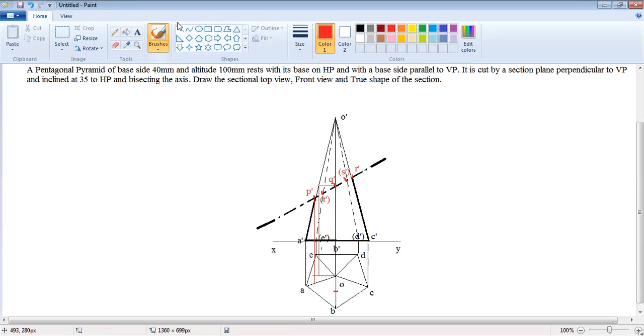Okay, so next mark the R point up to OC, the S point to OD, and the T point to OE.